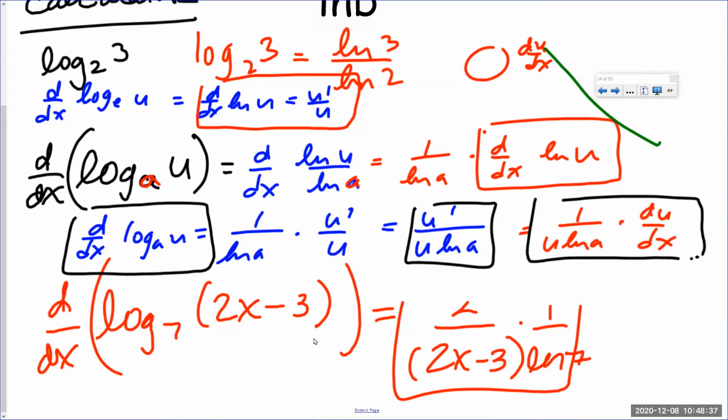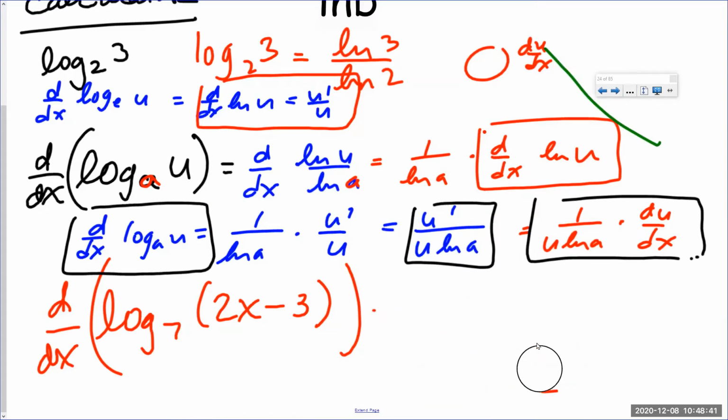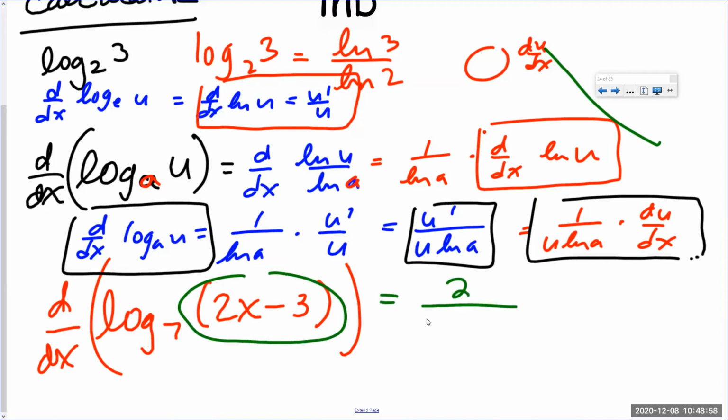So let's talk about how to do this problem. What if you have log 7 of 2x minus 3, I want to take the derivative of that. Okay, guys, it's just like what you did before. It's u prime over u, okay? So here's my u, and u prime is 2, where u is 2x minus 3.